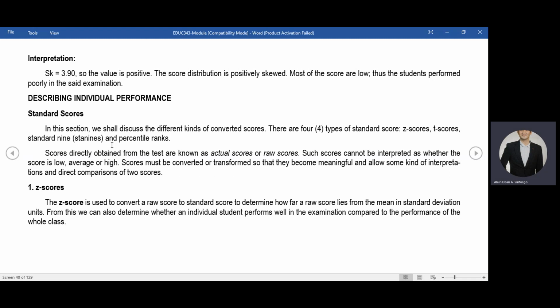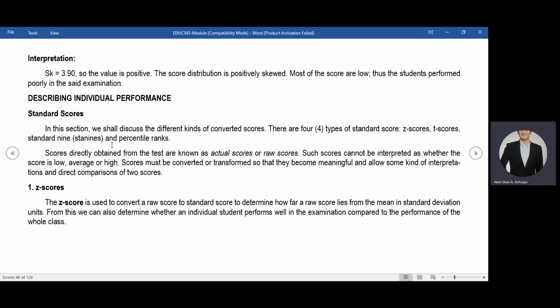Describing individual performance. Okay, there are four types of standard scores. First, Z-score. Second, T-score. Third, stanine, or what we call standard nine. And lastly, percentile ranks.